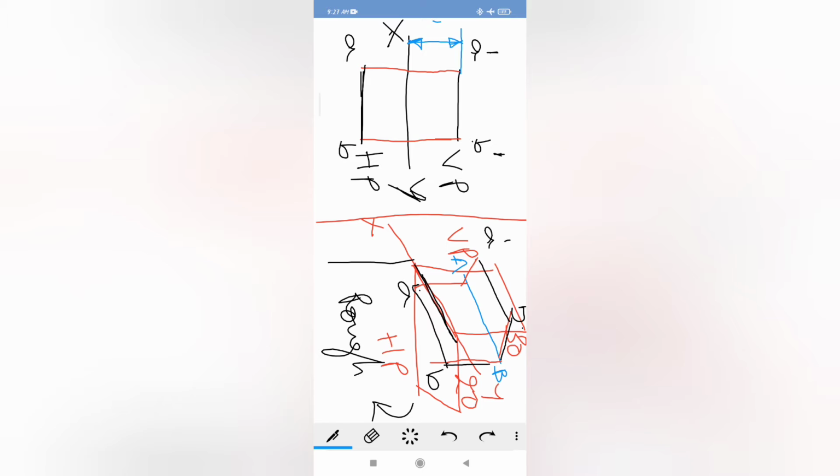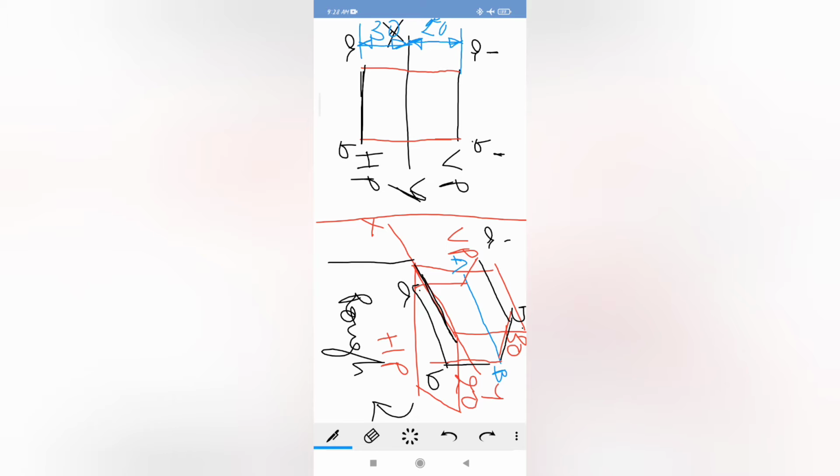The line is 20 mm above HP and 30 mm in front of VP. This is what the projection is.